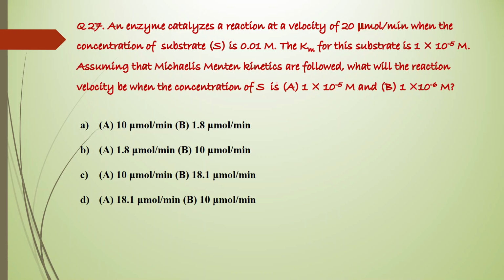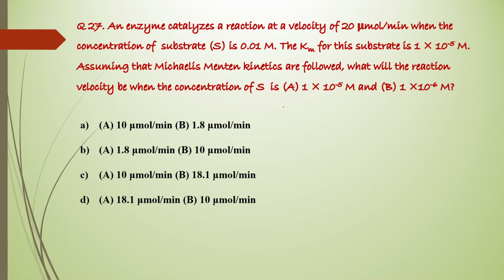Assuming Michaelis-Menten kinetics is being followed, what would be the reaction velocity when the concentration of substrate is A, 1 into 10 to the power minus 5, and B, 1 into 10 to the power minus 6? So what values do we have?